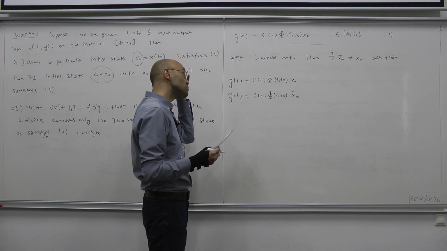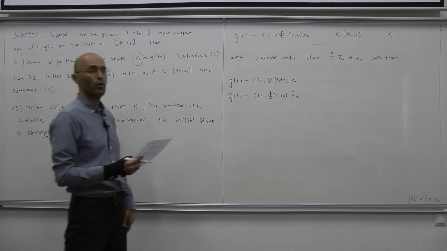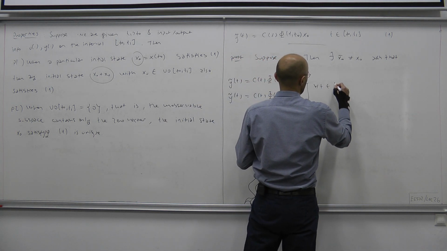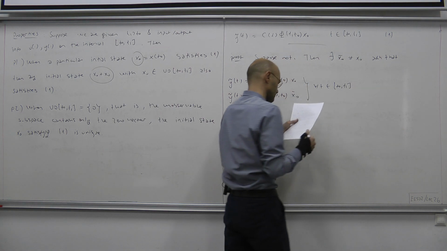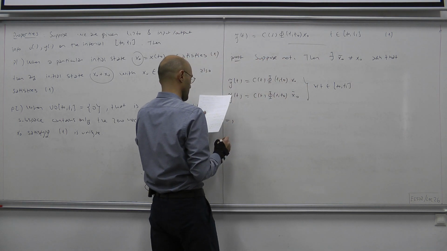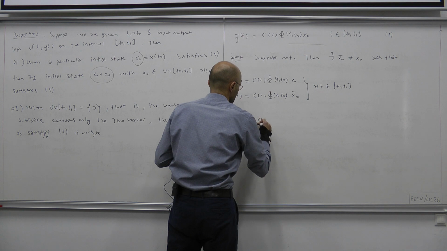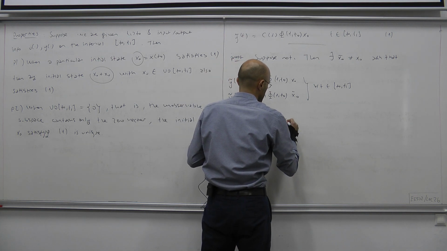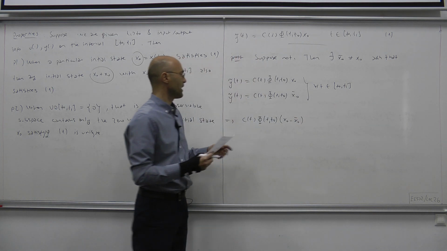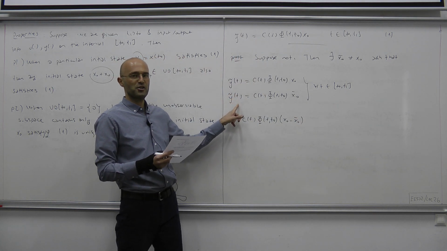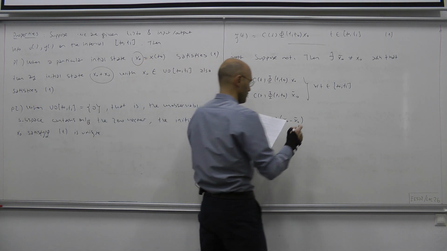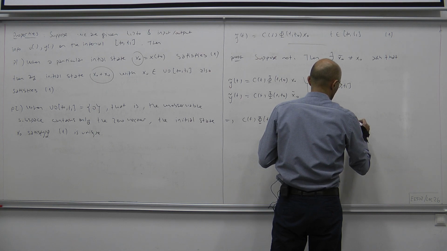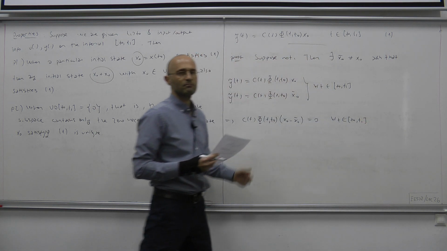Then if you subtract those two equations from one another, what you obtain is the following: C of t Phi(t, t0) times (x0 minus x0 bar) must equal y tilde minus y tilde, which is 0, for all times from t0 to t1.